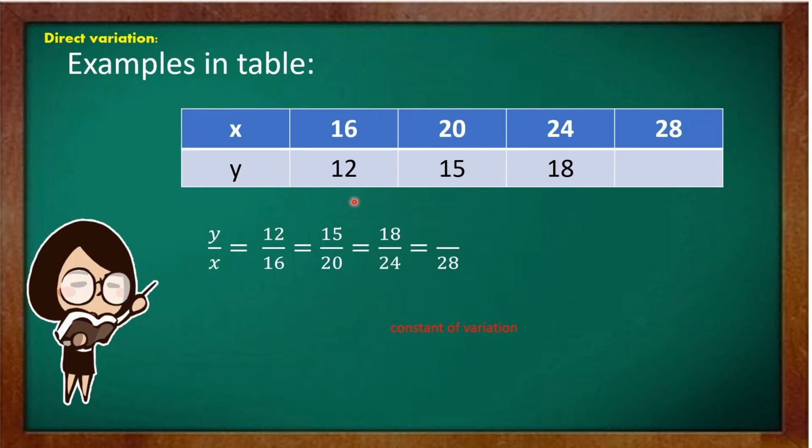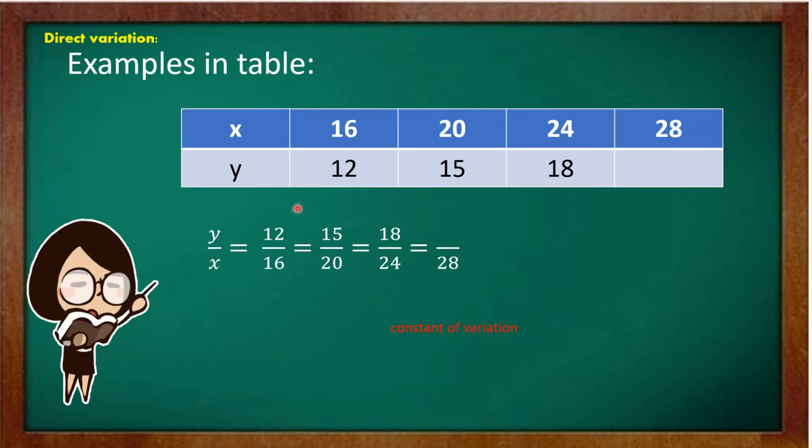How about in y? 12, 15, 18. So 12 becomes 15, you just add 3. 15 becomes 18, you add 3 also. And 18 becomes what? You just add 3. So meaning, our missing part here is 21. So how do we get 21?